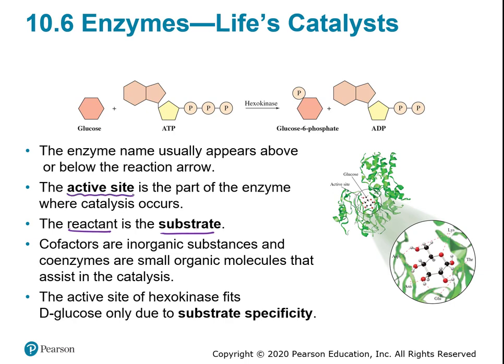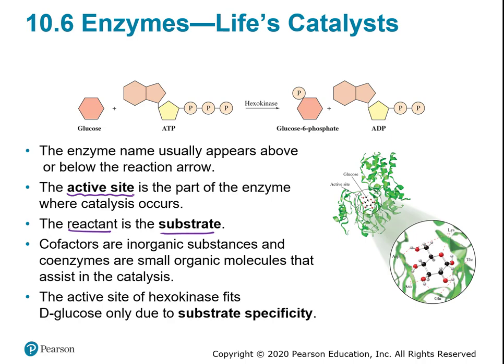Where the reactant sits is called the active site. I just think of it as the cleft that the reactants come together in. And just remember that it lowers the activation energy, so the reaction happens super fast.